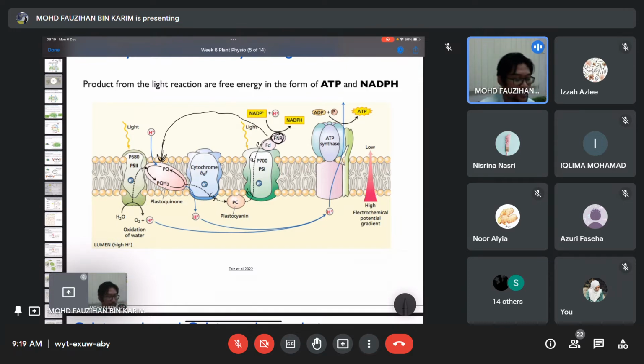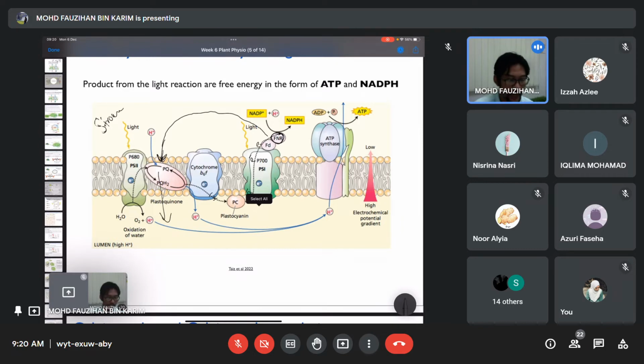So remember last time, every time plastoquinone, these proteins, accept the electron, it will bring protons from the stroma to the lumen.